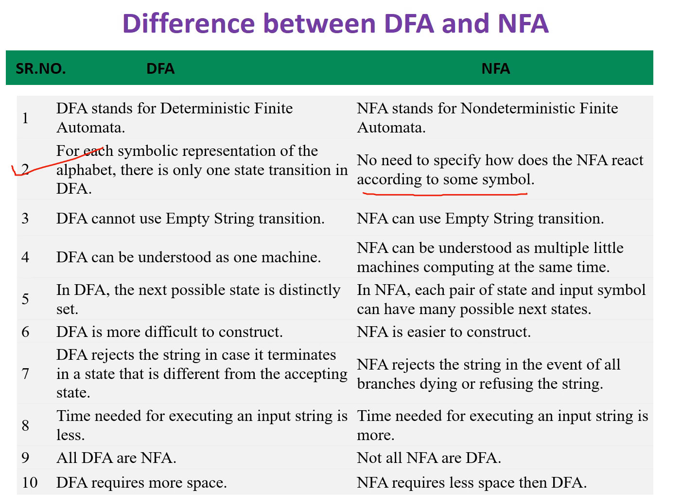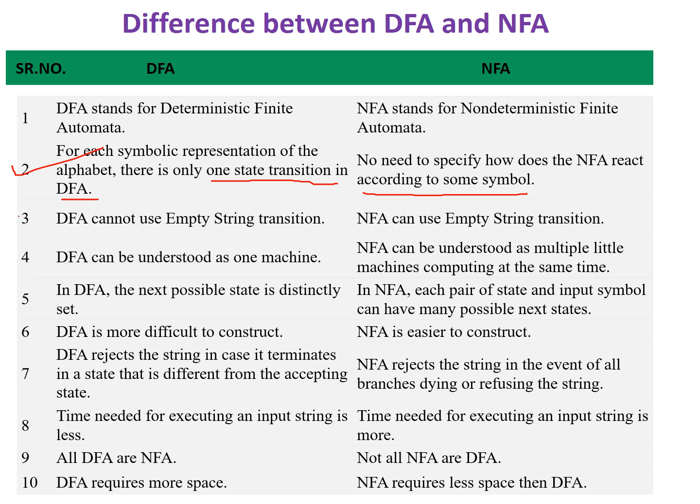There is only one state transition. So that's the difference. To recap the second point: for every input there is exactly one transition in DFA, whereas in NFA there are multiple transitions on the same input.